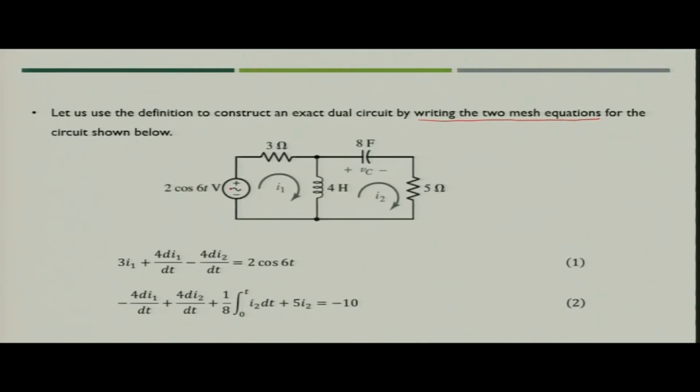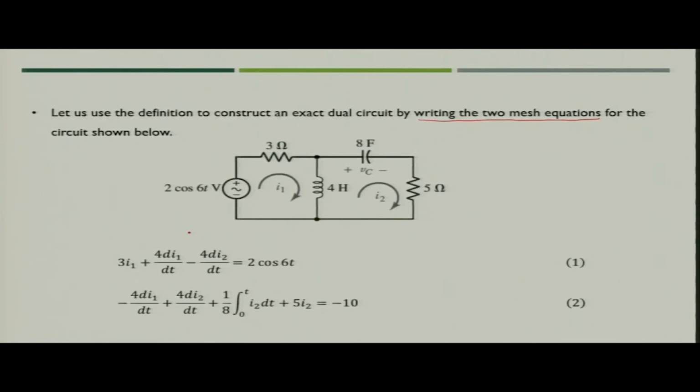In this case it is sinusoidal, but the principle is the same for DC as well as AC. If we define mesh currents I1 and I2, we can write the mesh equations.